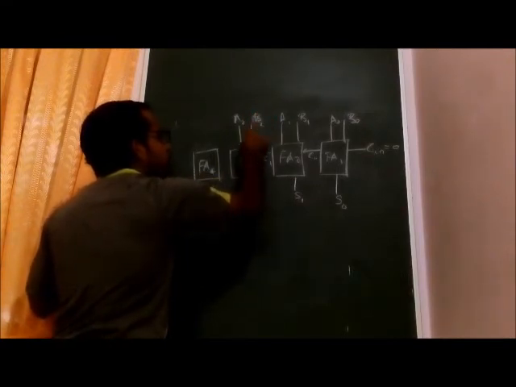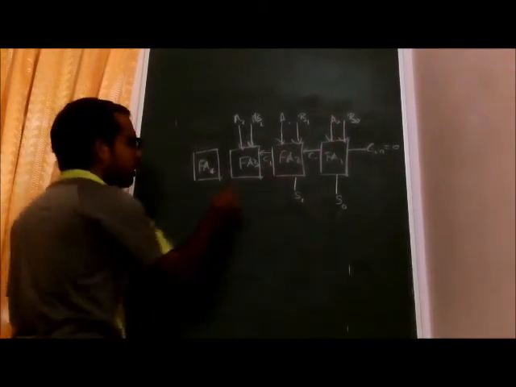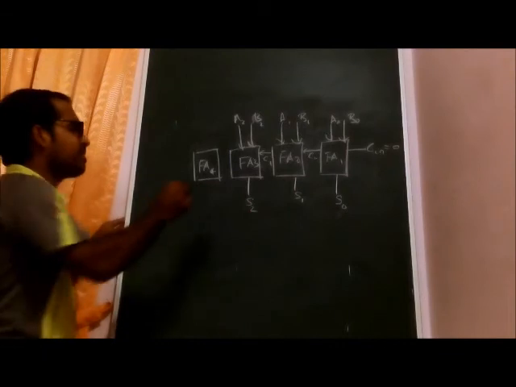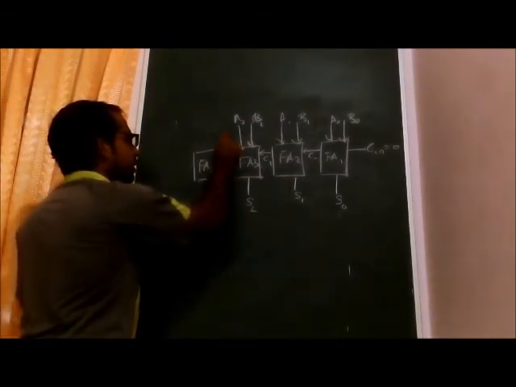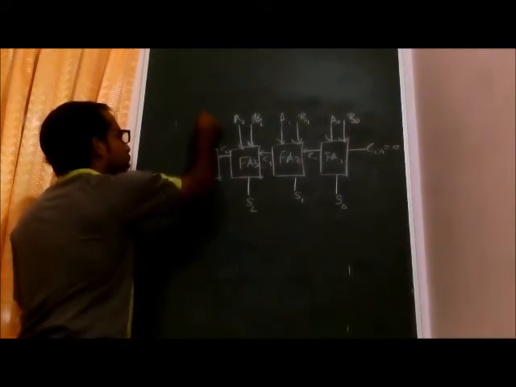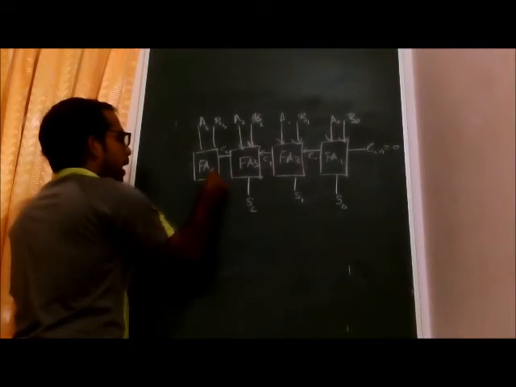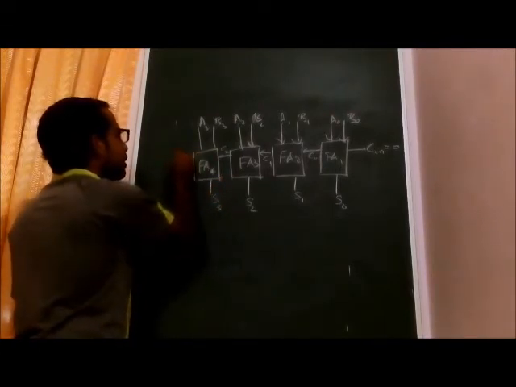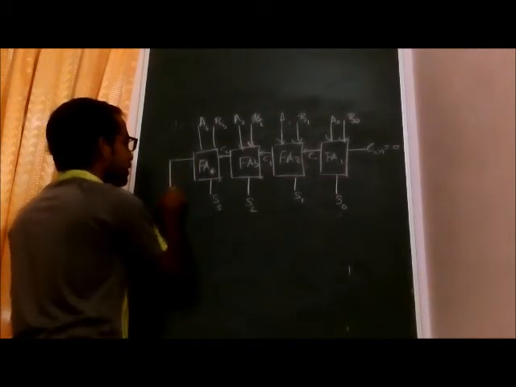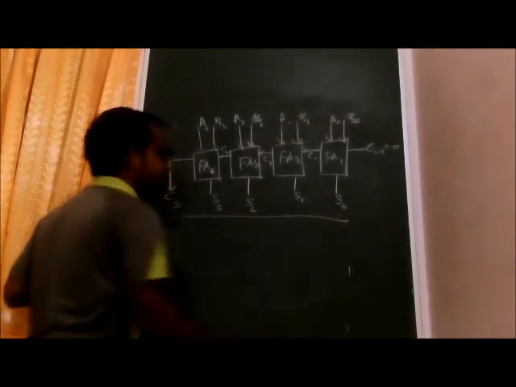So these are the inputs for the full adder circuit, and you get S2 as the sum and C2 as the carry. Now these are the final inputs, A3, B3, and this is S3, and this will be the carry out, that is C3 will be the carry out. So this is the sum.